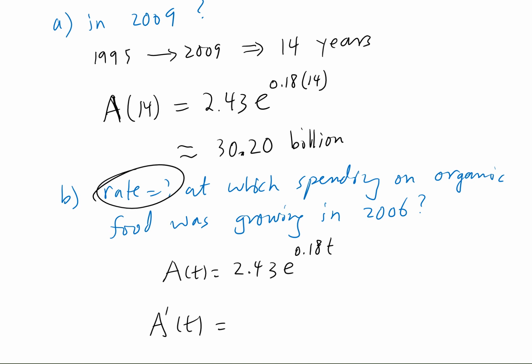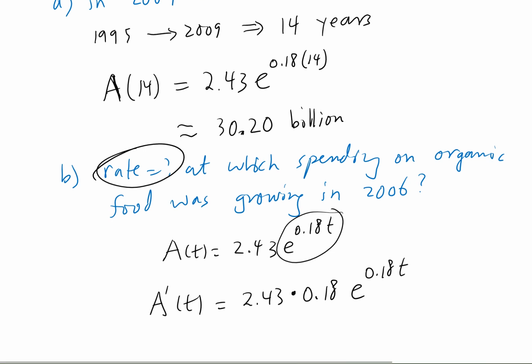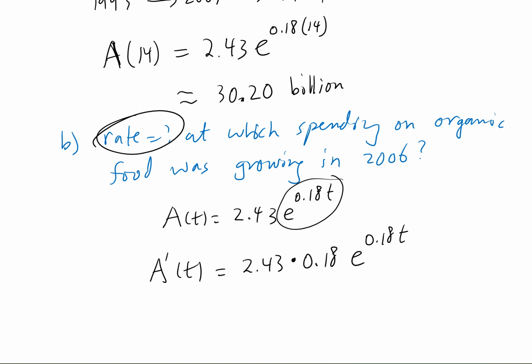How do you find the derivative of this? Well, you keep the constant out. The derivative of this is the derivative of the top, which is 0.18, times itself. And they want us to find it in 2006. So from 1995 to 2006, that's 11 years.